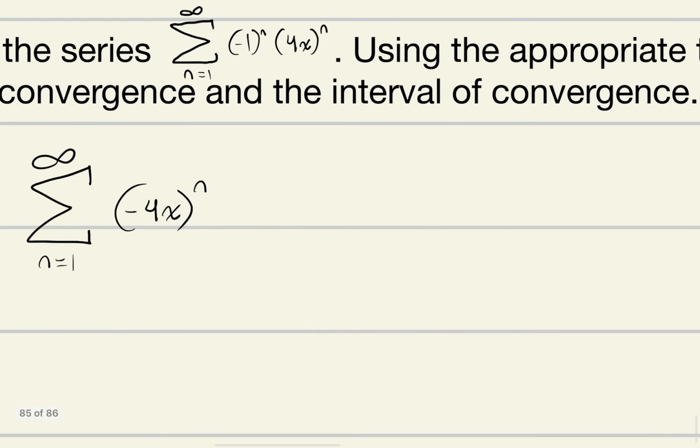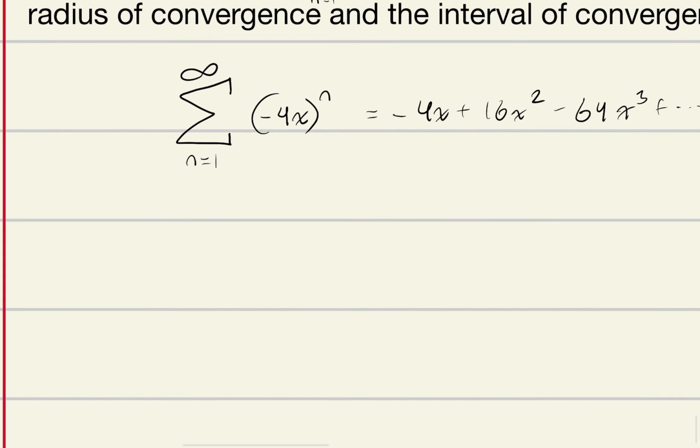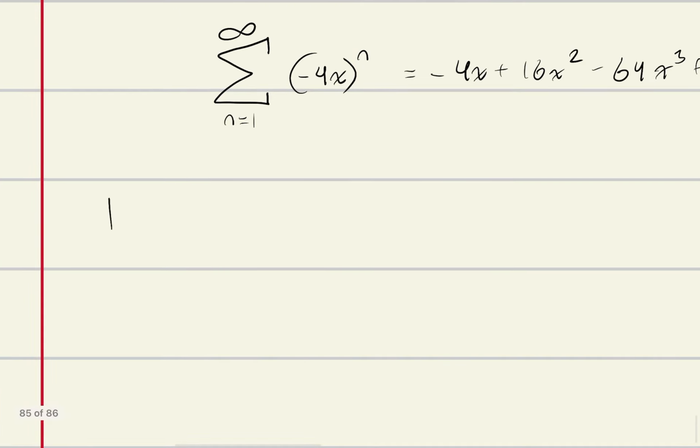We can go ahead and find some values. Starting at 1, we get -4x plus 16x squared minus 64x cubed plus next. And since this is raised to the nth power, we automatically know to use the root test.